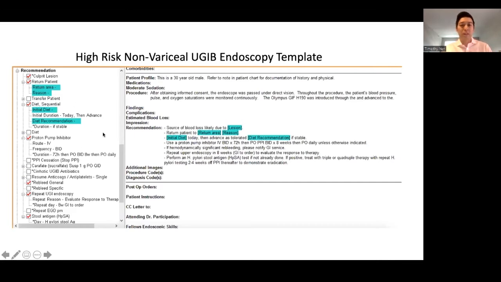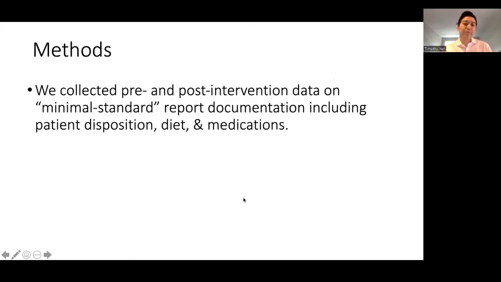With these pre-selected, it already queues up all these standard recommendations for that severity and etiology of bleeding. And then the provider is still allowed to free text or whatnot. And to bring this template up, it's the addition of one click, and as I'll show you later, it saves quite a bit of time downstream.